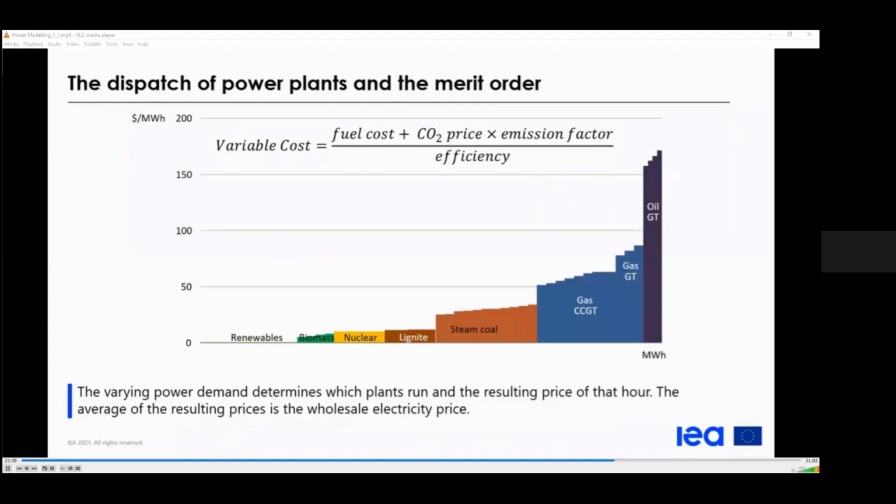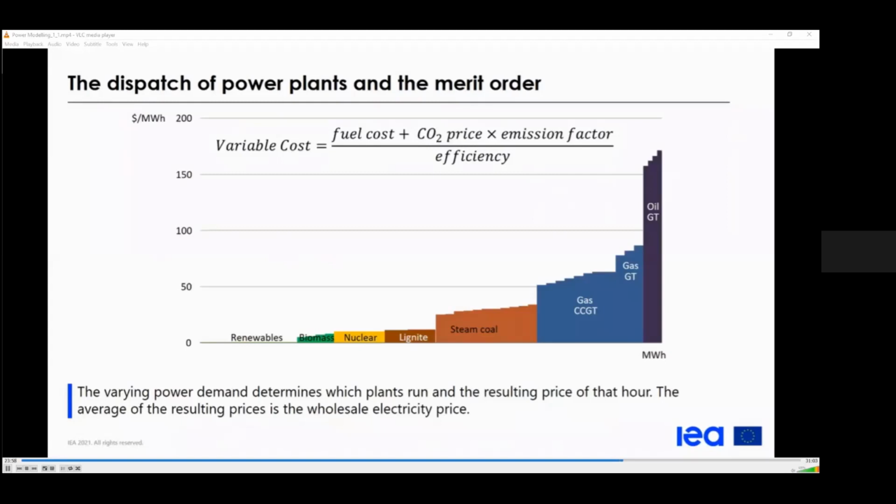So we rank plants from the lowest to the highest variable cost, measured here in dollars per megawatt hour, also taking into account the maximum electricity that they can generate in that hour.